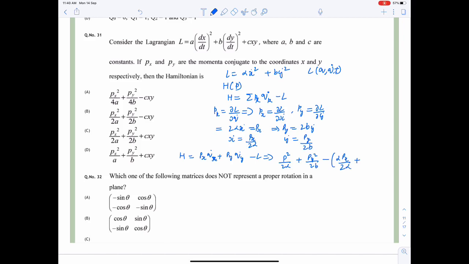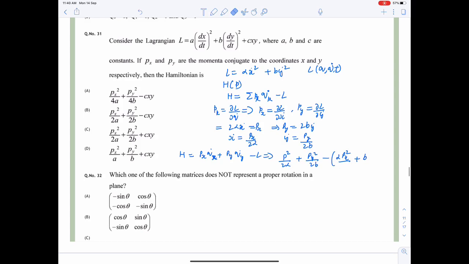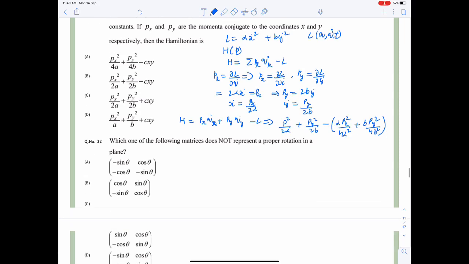Then x dot square becomes px square upon 4 alpha square, and y dot square becomes py square upon 4b square. Okay, so now you can solve this.